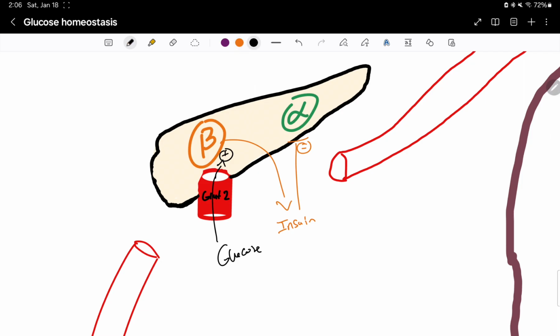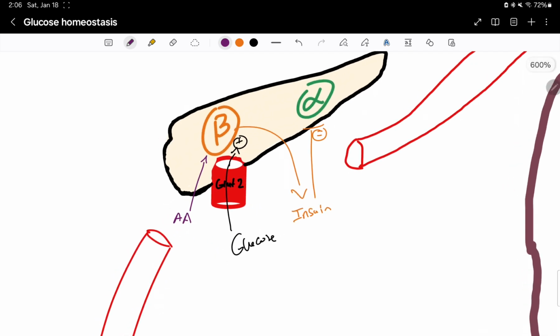But glucose is not the only thing that can stimulate the secretion of insulin. Amino acids can do the same thing. So those amino acids from the egg you just ate can completely do that. And what kind of amino acids? For example, leucine, arginine, lysine. They can all stimulate the beta cells to make insulin.